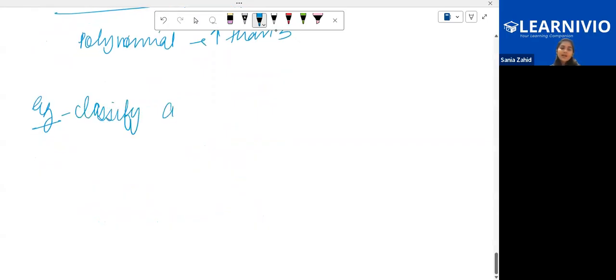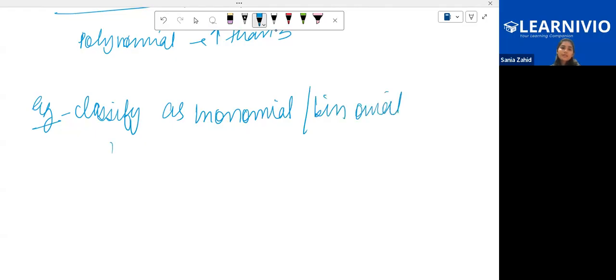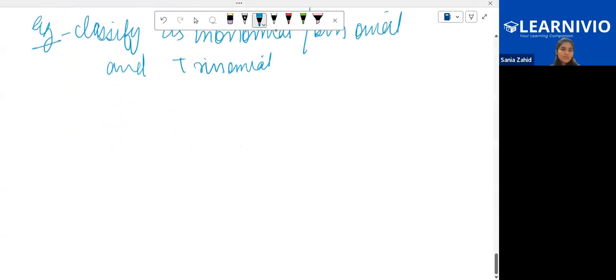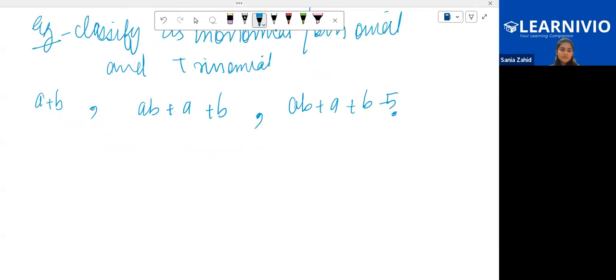Let's suppose the first is a plus b, and then ab plus a plus b, ab plus a, ab plus a plus b minus 5. Ma'am, can you show that again?